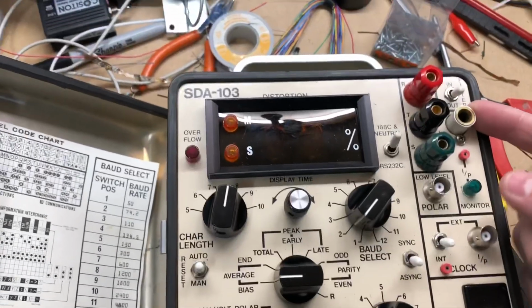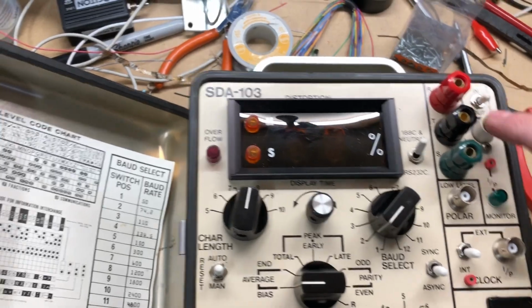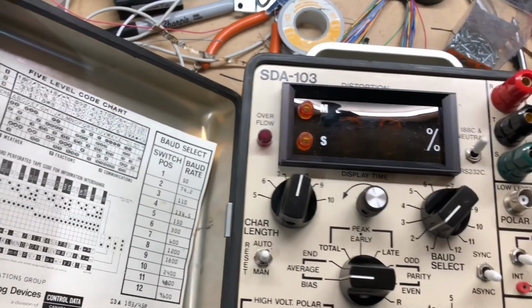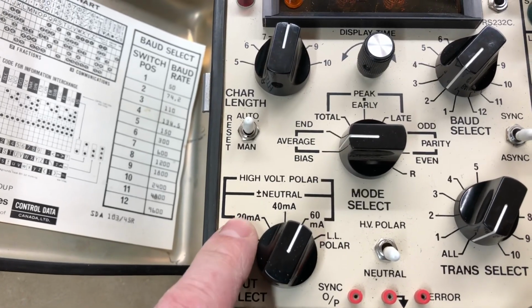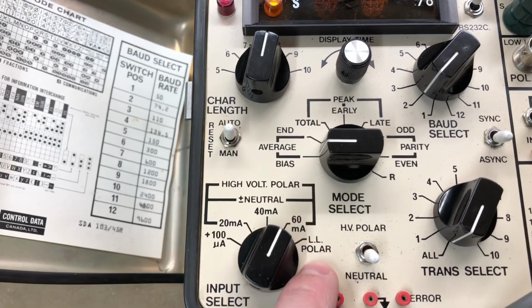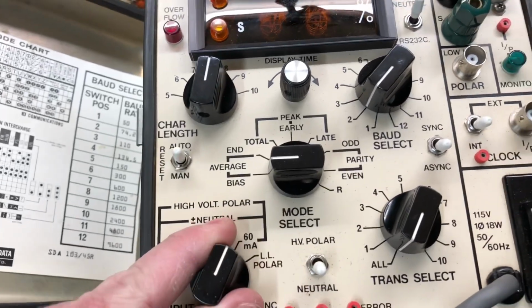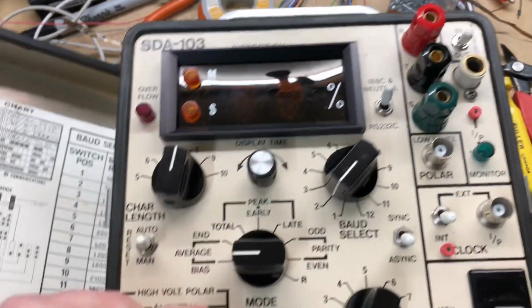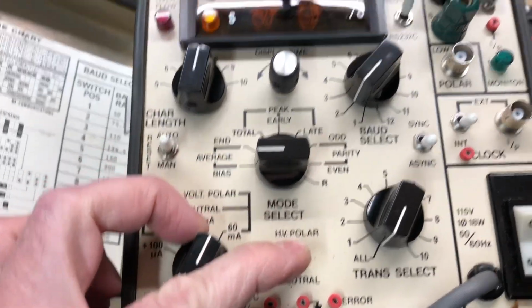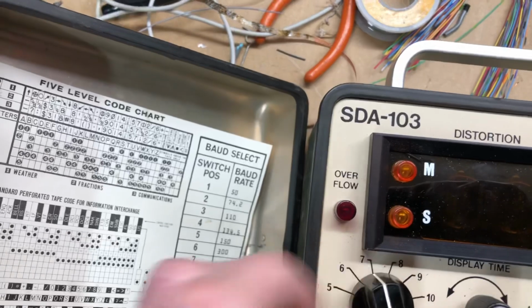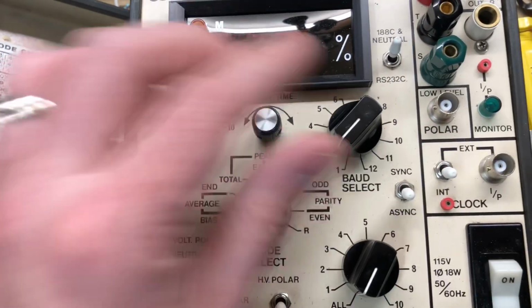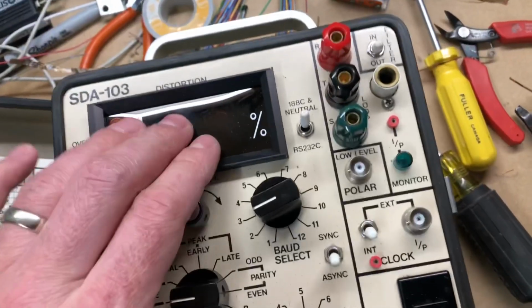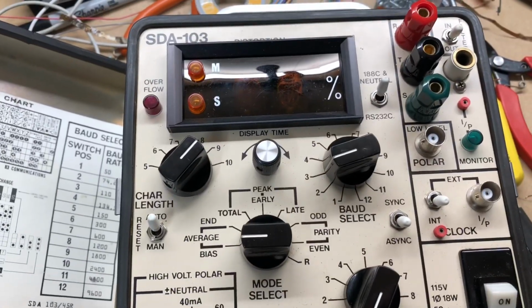It's got a loop input here, which accepts low current, 20 milliamp, 40, 60 milliamp current loop, and/or a polar voltage. Anyway, you plug it in, you set your bits per byte there, baud rate here, and it shows distortion.